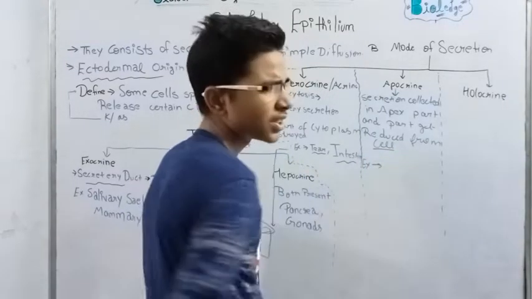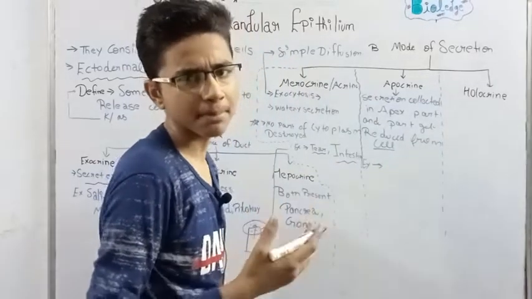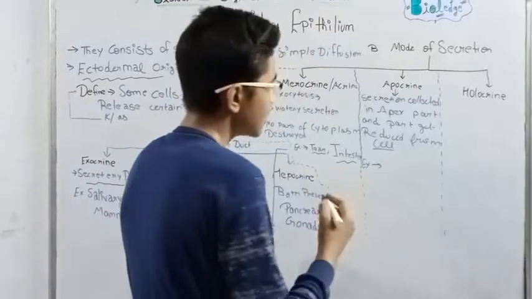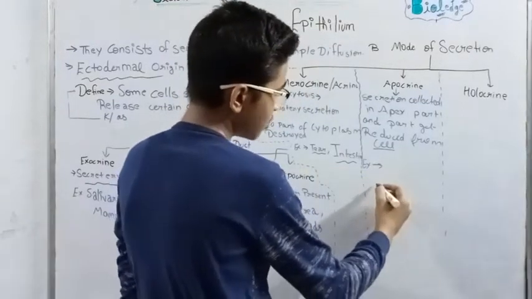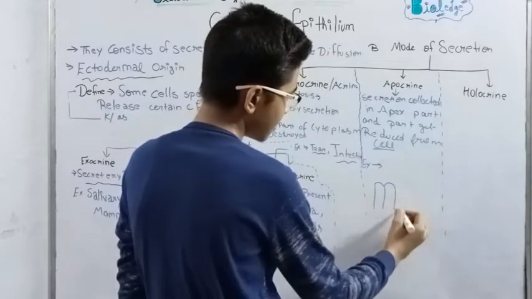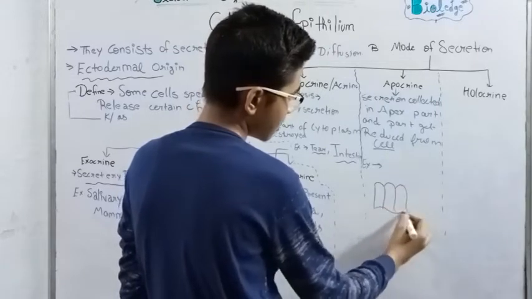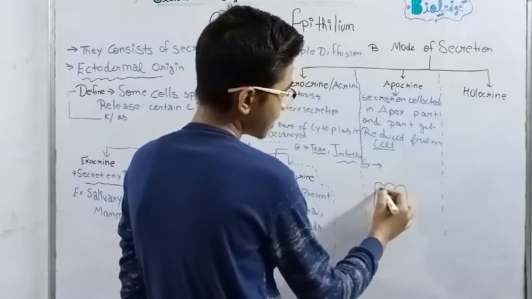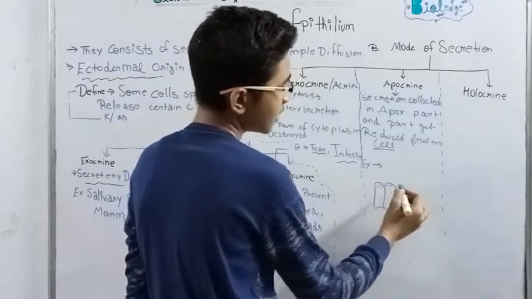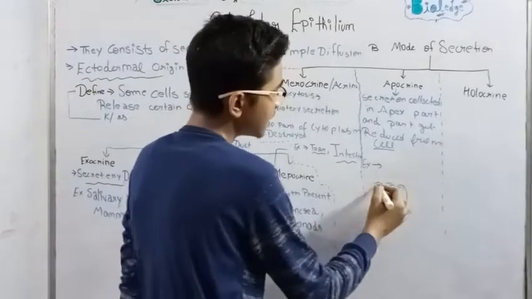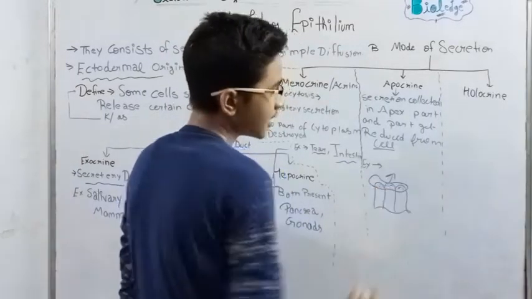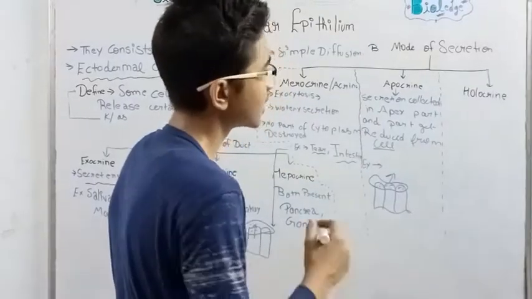They are present mostly in certain glands. Their examples are not very important from the exam point of view, so we are not writing them. Let's draw the diagram to understand them. Suppose there are cells present here. Their secretion is collected here, and when the secretion is collected here, this part of the cell gets removed along with the secretion. So these are the apocrine.